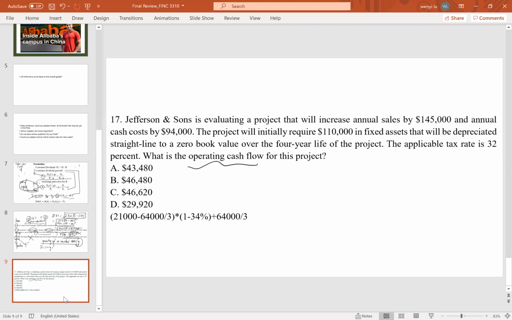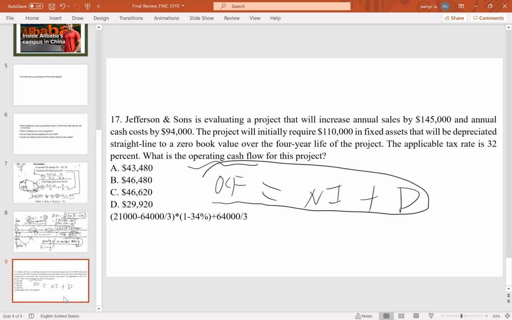We must solve the net income plus depreciation, that's our formula for operating cash flows. You actually apply this formula multiple times when we do our project in Excel, solving every year's operating cash flow with this formula. So this is the question to apply this formula.